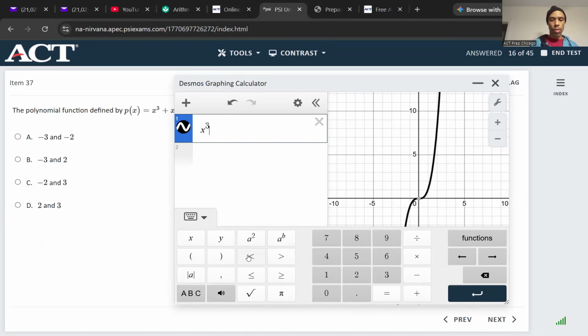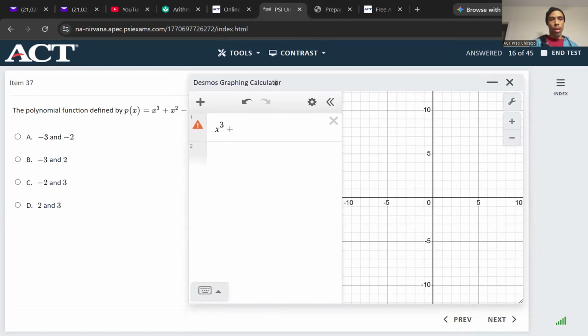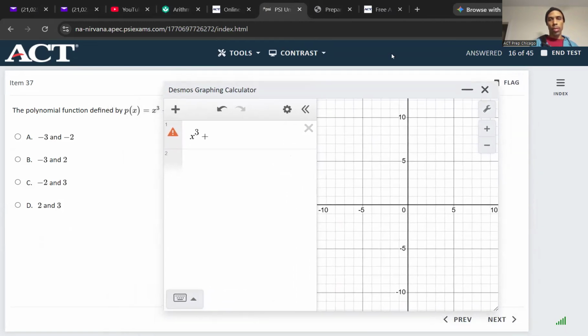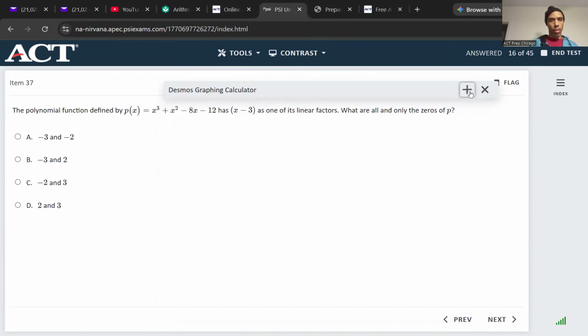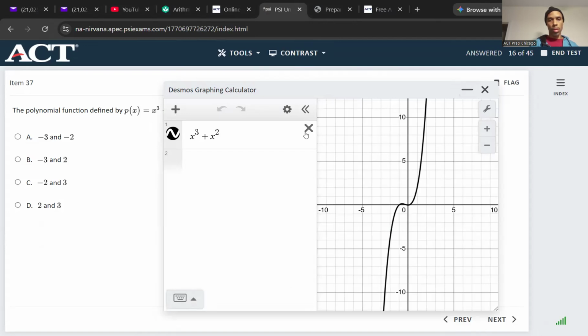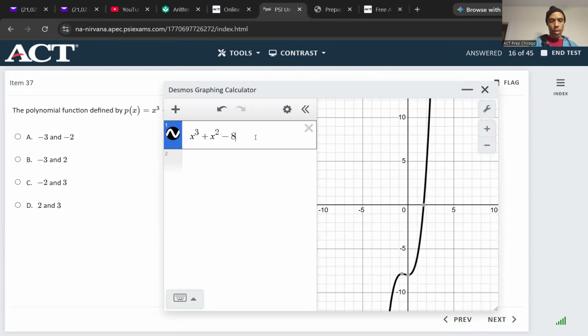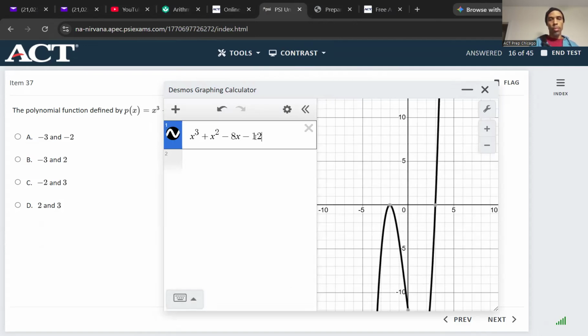Put my arrow over. Then plus x squared. Then we got minus 8x minus 12.